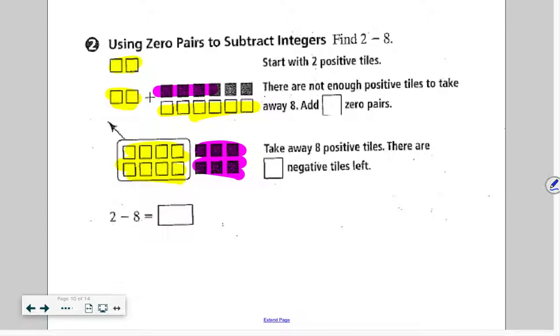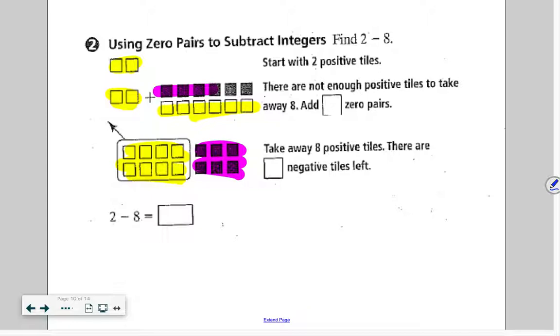What is a zero pair? August. A number added or subtracted by its opposite. Yeah, a number and its opposite. So a zero pair would mean me handing you 1 pink and 1 yellow, right? 1 pink is a negative, 1 yellow is a positive. So 1 negative and 1 positive equals 0. It's a zero pair, right?